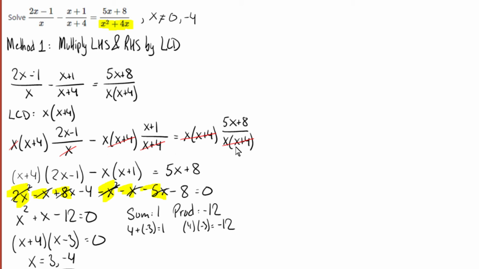And there are no others. There are two non-permissible values, 0 and negative 4. And as it turns out, negative 4 is one of the roots. So negative 4 cannot be one of the roots. So actually what we're going to do here is write that x equals 3 and x cannot equal negative 4 because it is a non-permissible value.